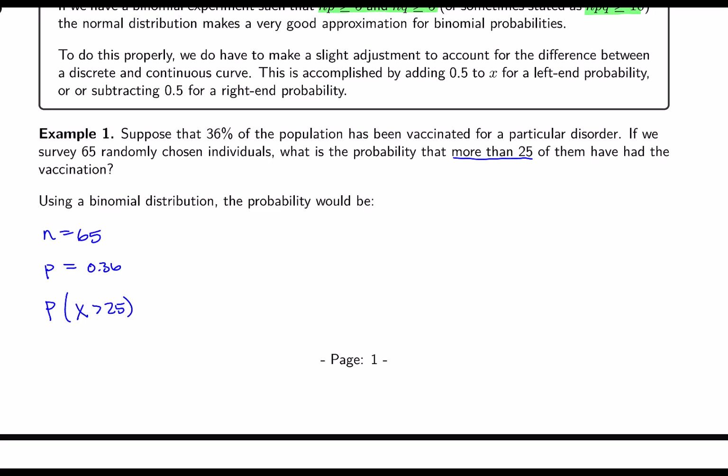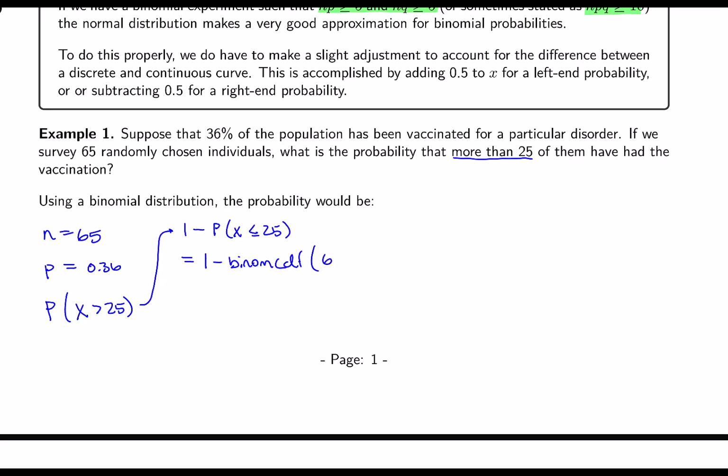All right, so the probability that x is greater than 25, so that's a right-end probability. We would calculate that then by doing the complement, which is 1 minus the probability that x is less than or equal to 25, making that a left-end and CDF style calculation. So this would be found by using 1 minus binomCDF, and we would provide to it n, p, and x.